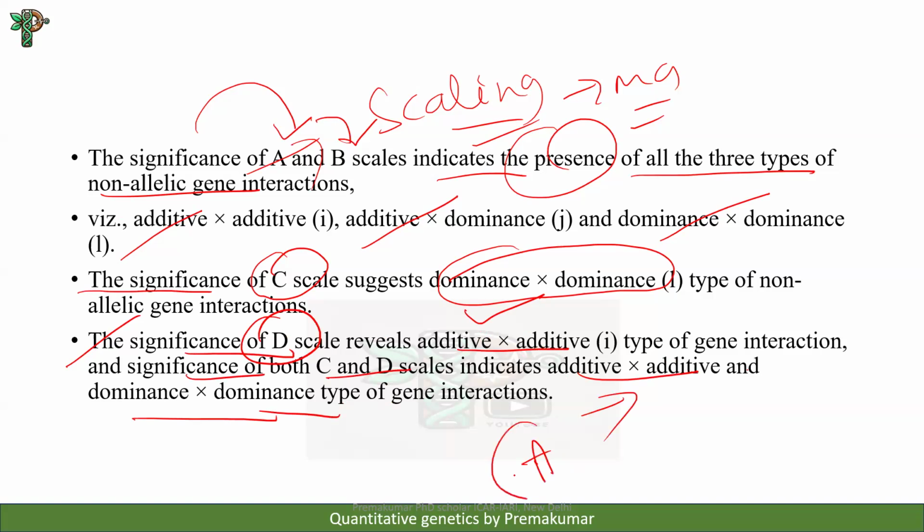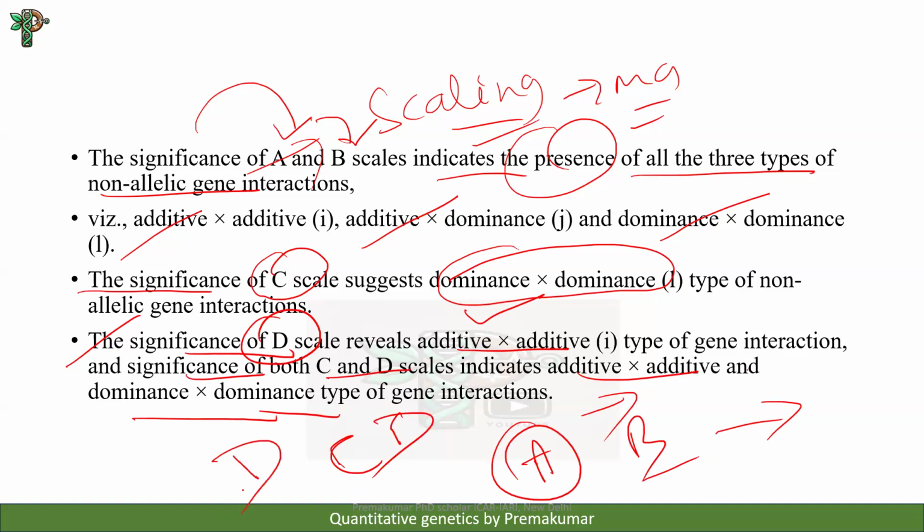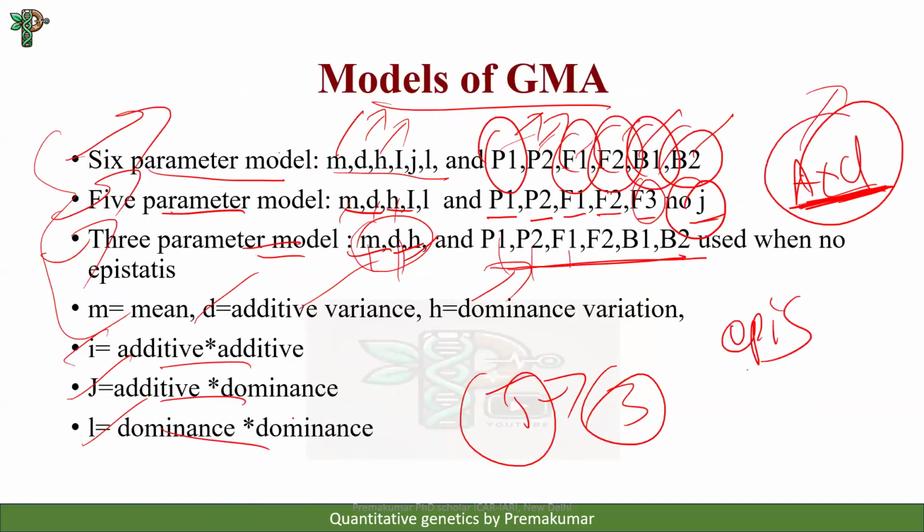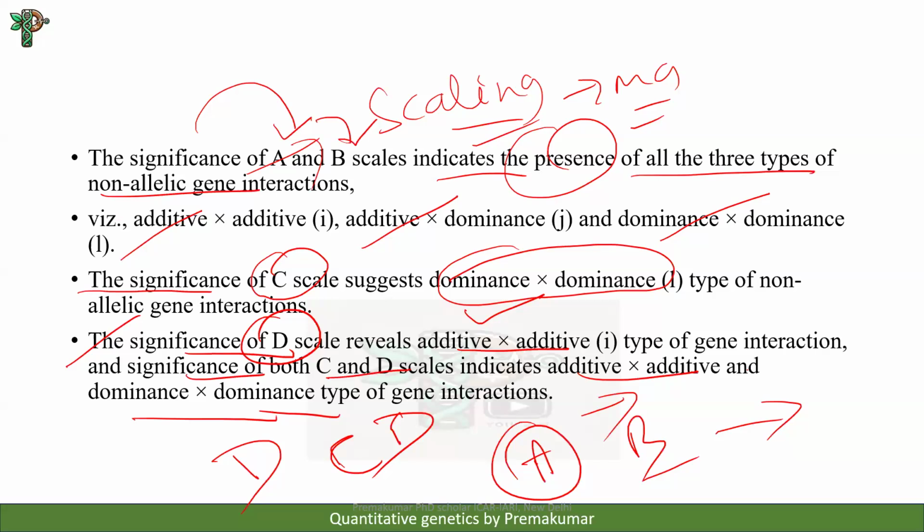Please remember: when A, B or both are significant, what is the phenomenon? When only C is significant, what is the phenomenon? When C and D are significant, what is the phenomenon? When the D scale is significant, what is the phenomenon? That you should know. This is about the models of GMA and the different scaling tests.